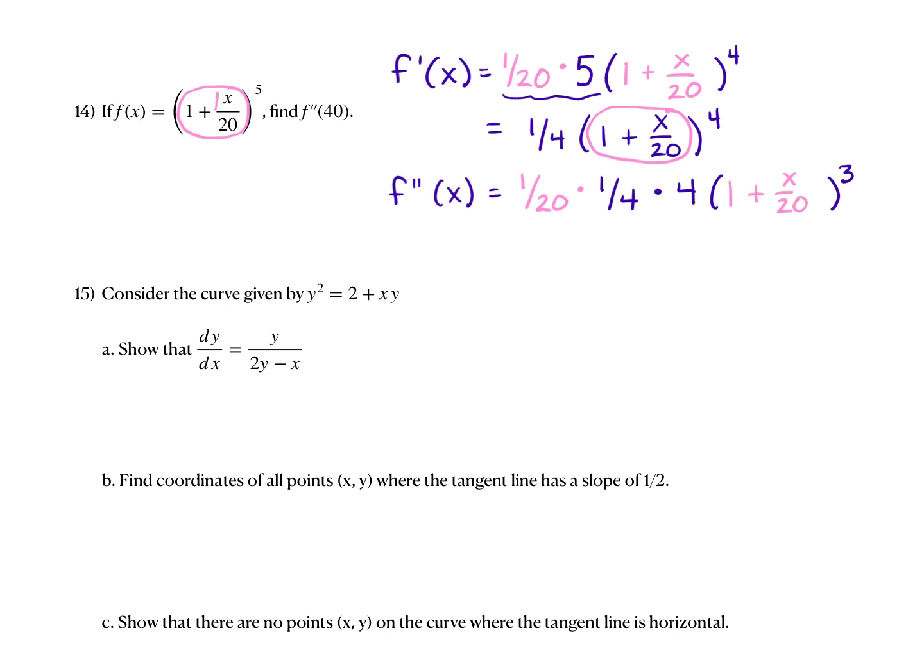And then just to clean this up a little, let's put all of this together. Okay, well, 4 times 1/4 really cancels itself out, right? And so I really just have this 1 over 20 times 1 plus x over 20 to the 3rd power. So now let's go back here and do my second derivative specifically at 40.